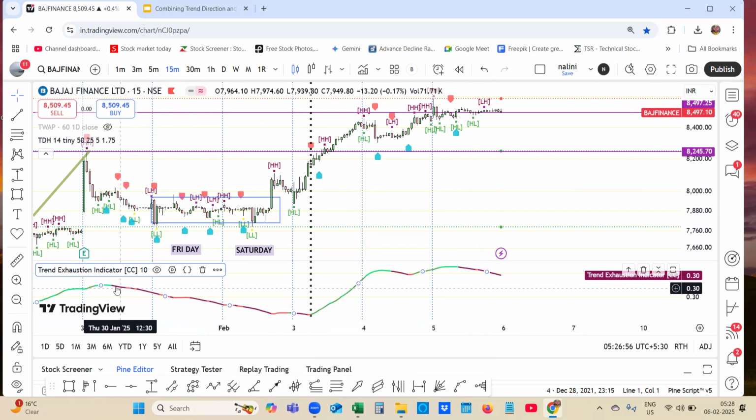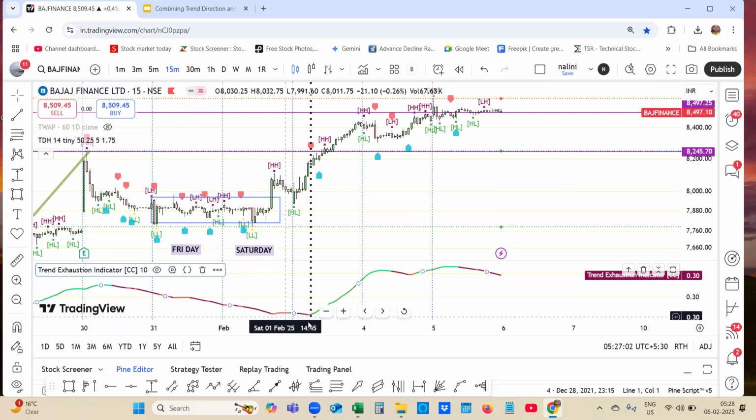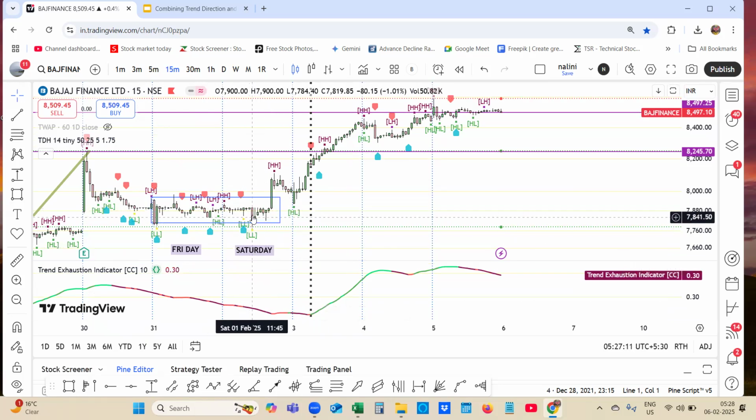See here, the indicator is showing red alternating with the violet colors. And you can see the trend is exhausted over here. And correspondingly, the market is coming out of this box and making a higher high, and you could have a safe entry.